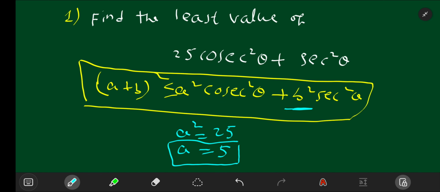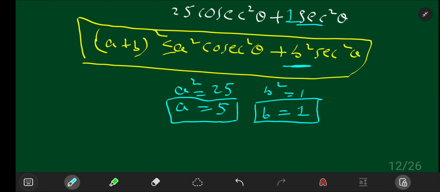At the place of b square, here nothing is there as the coefficient of sec square theta. So nothing is there in the sense 1 is there. So b square is equal to 1. Then b is equal to 1. Square root of 1 also 1 only, no? So b is equal to 1.